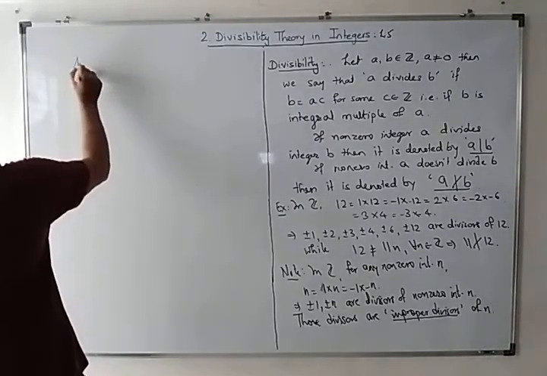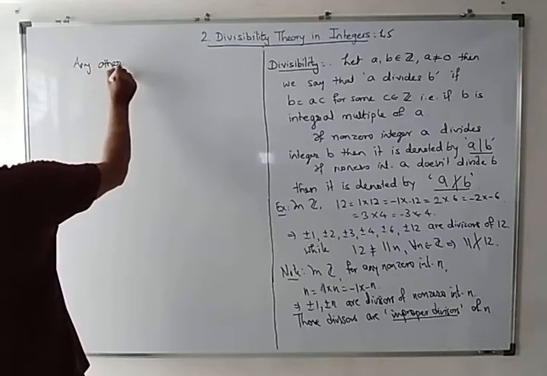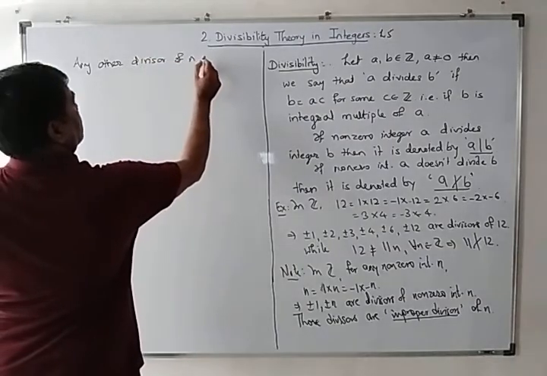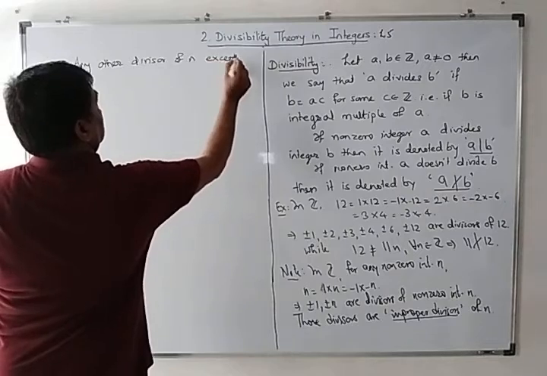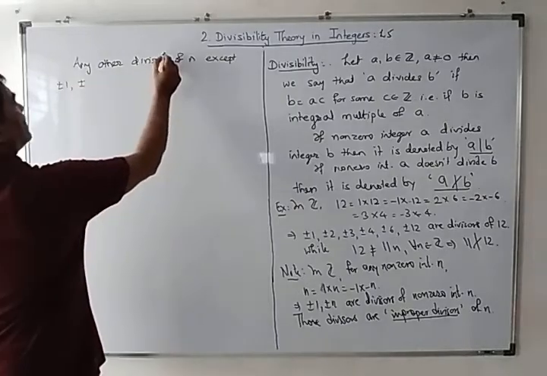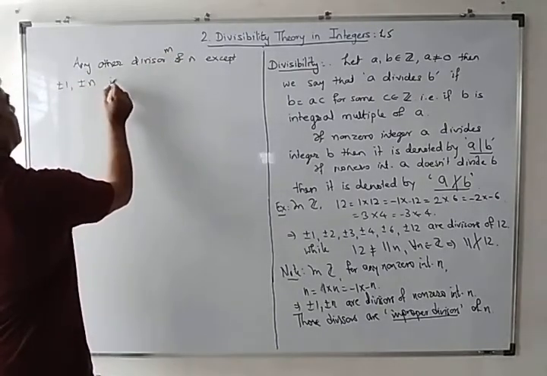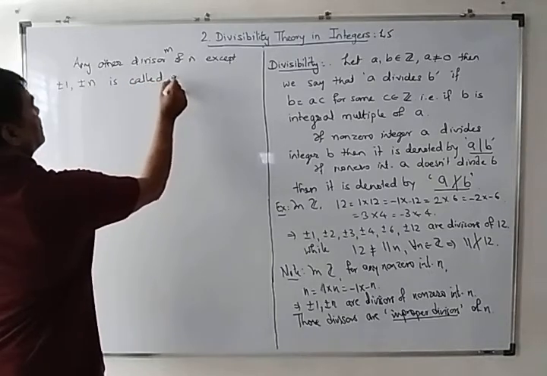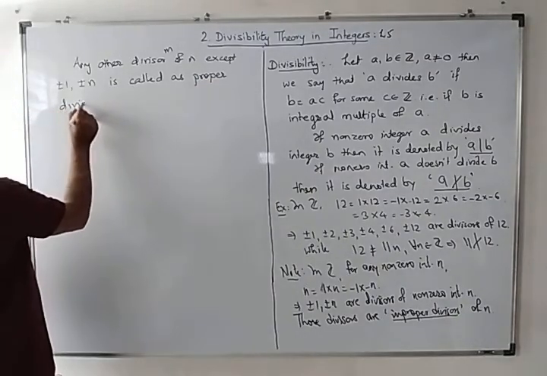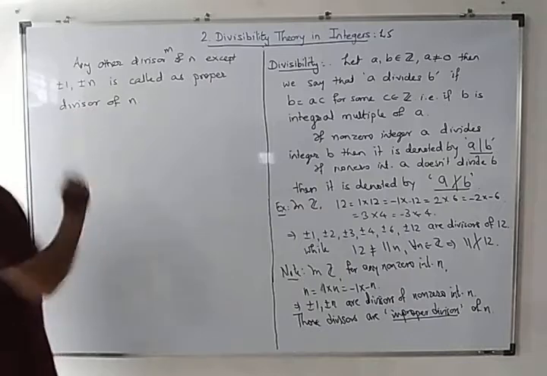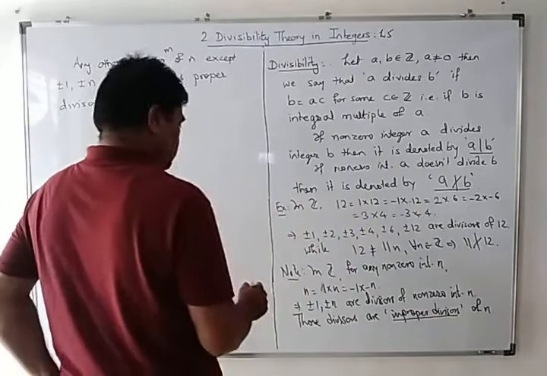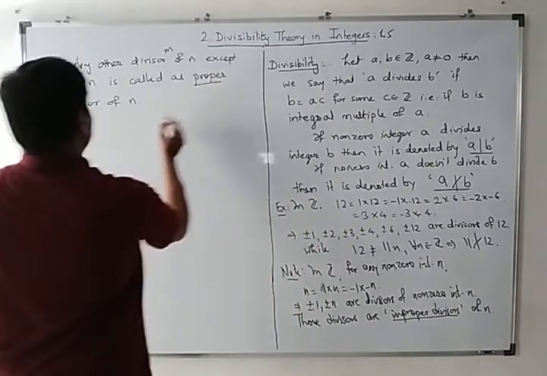Any other divisor m of n, except plus minus 1, plus minus n, is called a proper divisor of n. So this is the concept of proper divisor and improper divisor.